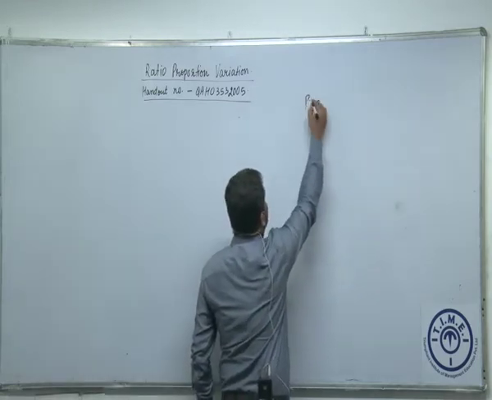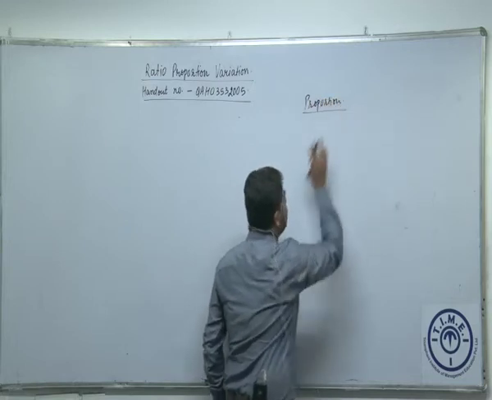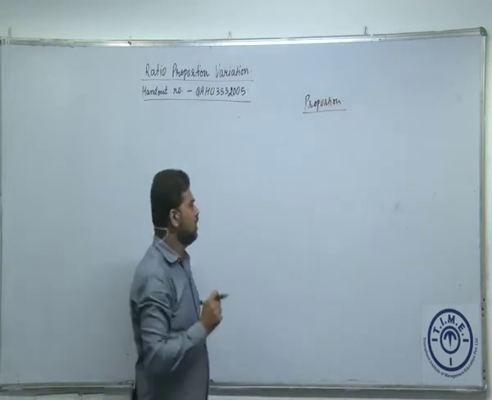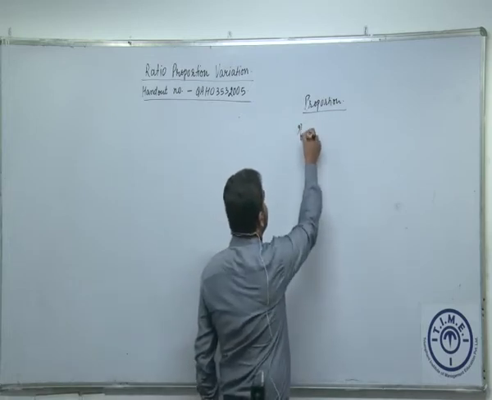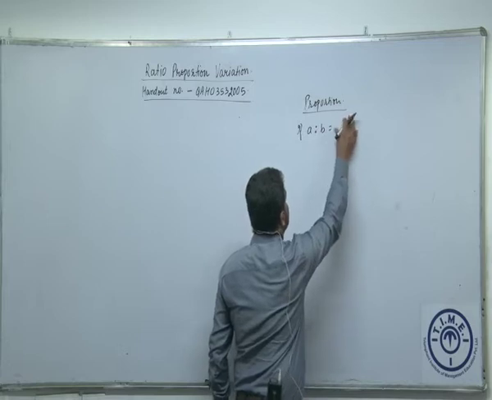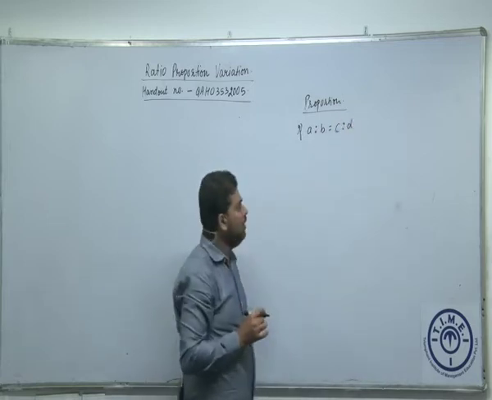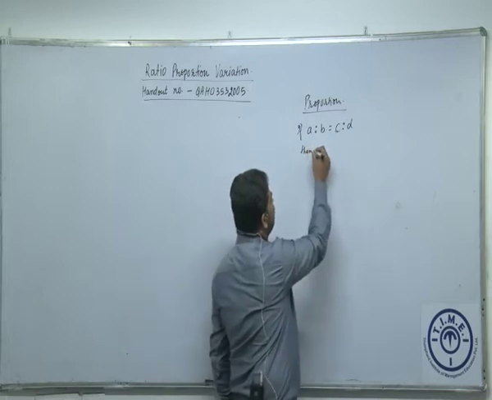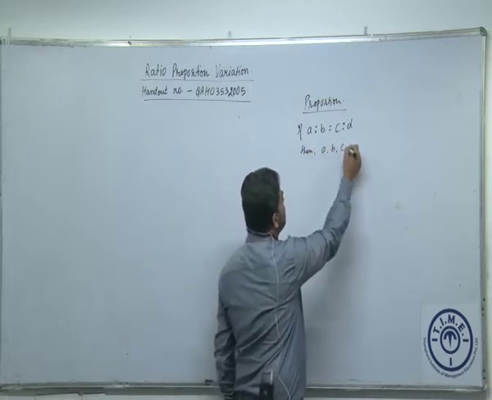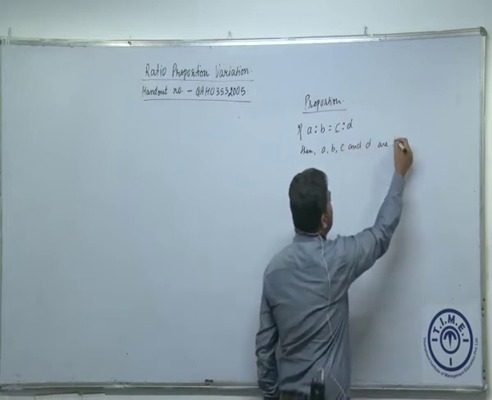Proportion is the equality between two ratios, which means if I am saying that A is to B is equal to C is to D, then we say that these four numbers A, B, C and D are in proportion.